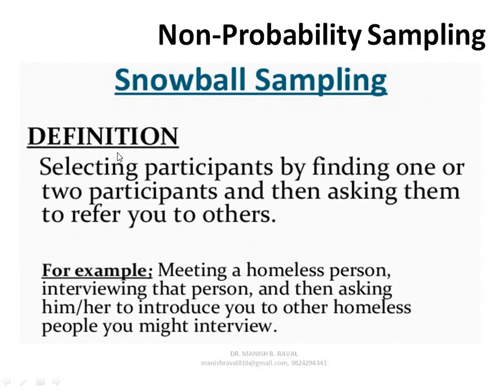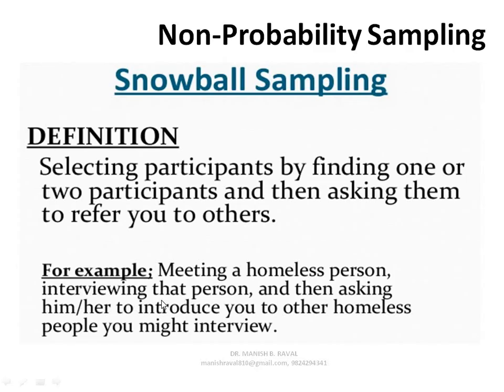Let us understand through the definition. Selecting participants by finding one or two participants and then asking them to refer other participants also. So one participant is selected, we will tell him to refer another, who will be told to refer some other. In that way, the participants in the study will increase.